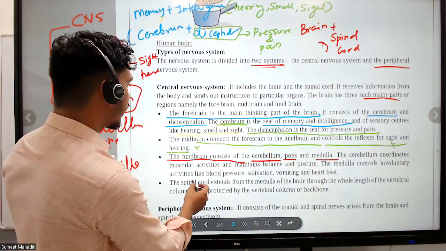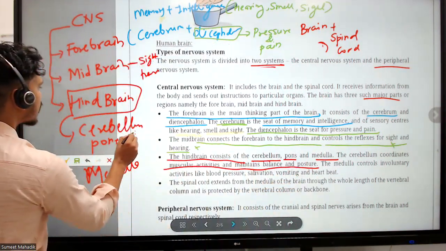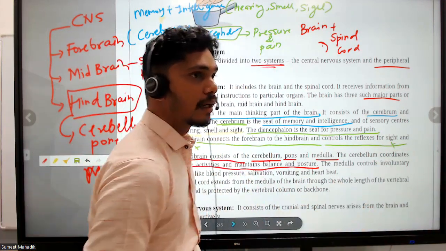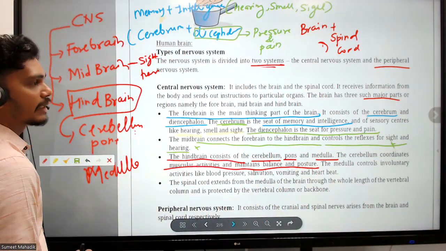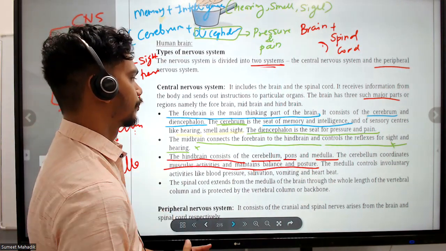So the cerebellum coordinates the muscular activity and maintains the balance and posture. Please write that: maintaining the balance and the posture.